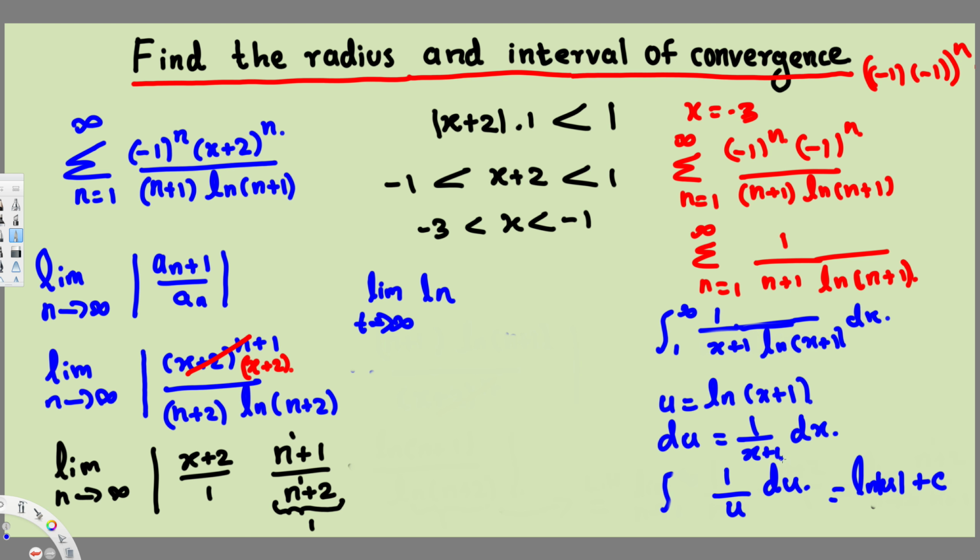Now we can replace u with log x plus 1, so this is going to be log of x plus 1, and that is going from 1 to infinity, right?